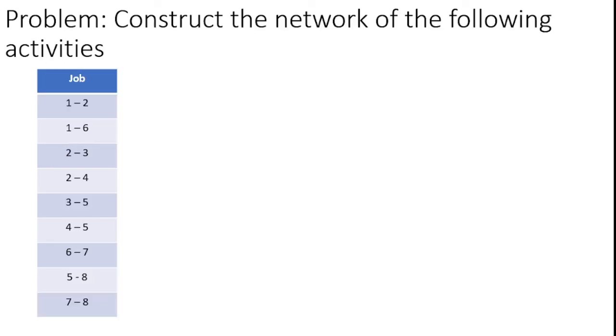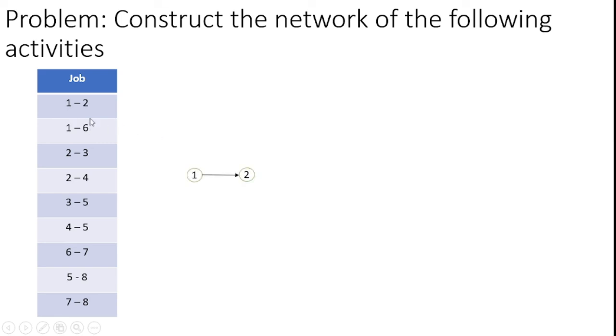After that, the second problem: construct the network of the following activities. This problem follows the activities. The activities mean jobs. Job 1 to 2, and then 1 to 6, and then 2 to 3, likewise.